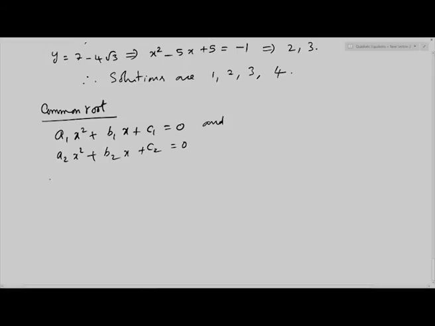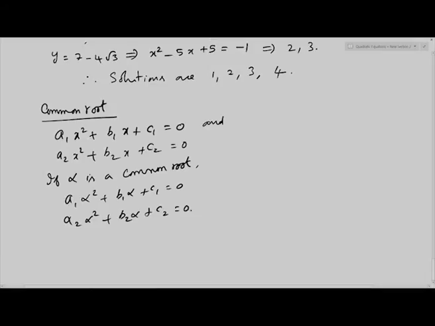Suppose alpha is a common root for both the equations, then we have a1 alpha square plus b1 alpha plus c1 equal to 0 and a2 alpha square plus b2 alpha plus c2 equal to 0. Okay.